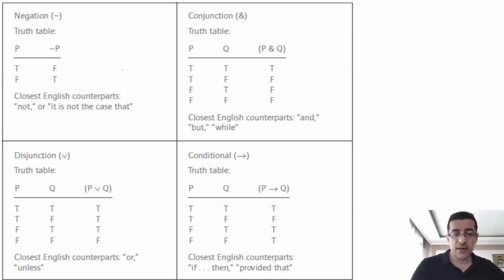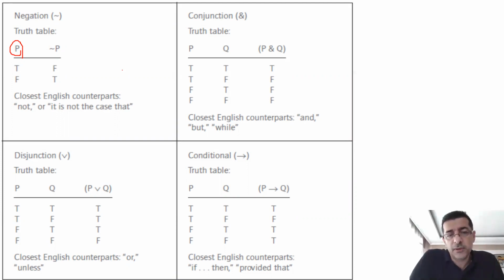Okay, as you can see here on the slide, we have four, and then I'll show you a fifth one. Four other logical functions. The first one is negation. Remember that when we had a proposition, let's call it P, it had either of two possibilities in terms of truth value.